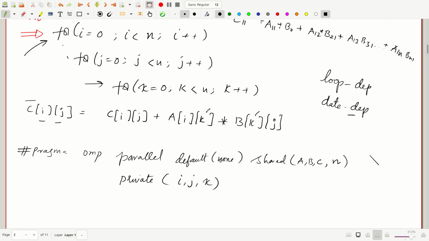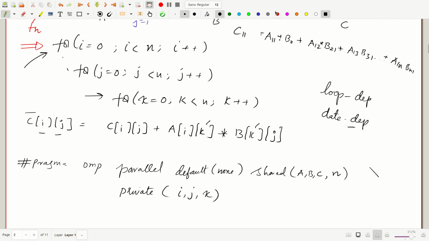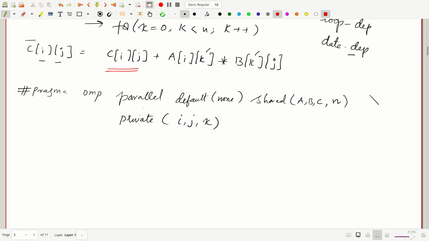Now what about C of ij? C of ij is basically adding these values, so it needs to be initialized to 0 before we go about the summation. The first thing we have to do is initialize C of ij to 0.